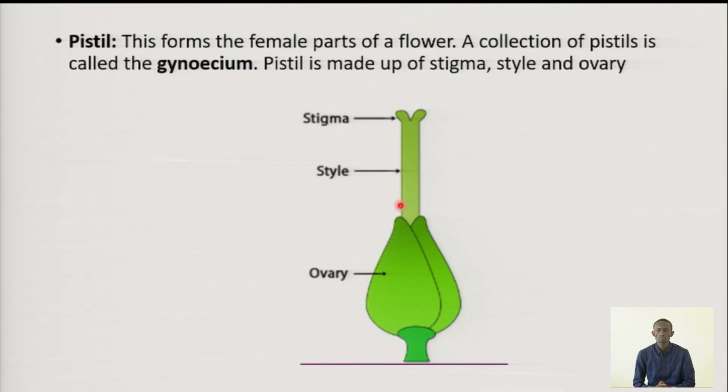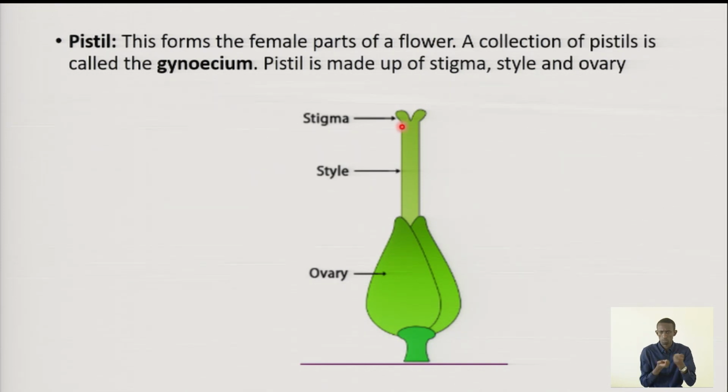Then this is the pistil, which is made up of 3 main parts: stigma, style, and ovary. Inside the ovary we have ovules. Then the style holds the stigma in proper position. Inside the style we have the pollen tube for transporting pollen grains to the ovary.